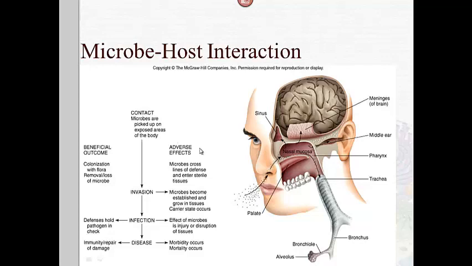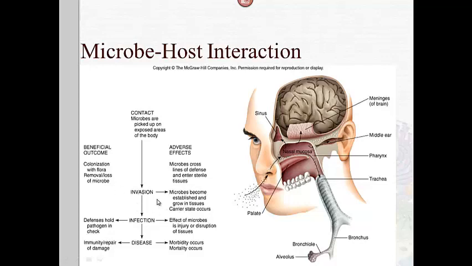And if that microorganism is able to activate any line of defense, breaking first the first line and activating the second line, which will start at the level of the inflammatory cascade, it is going to be able to produce invasion. If invasion occurs, then the microorganism will become established and they will grow.